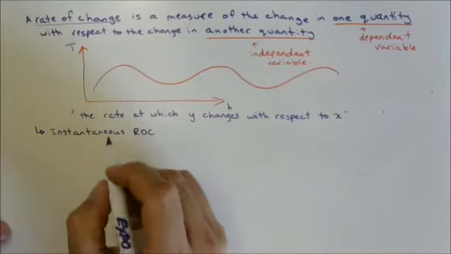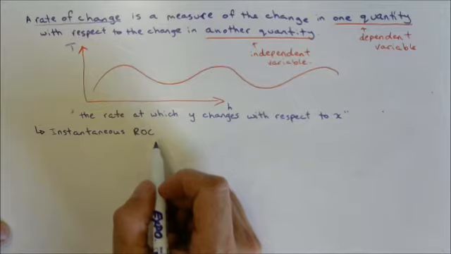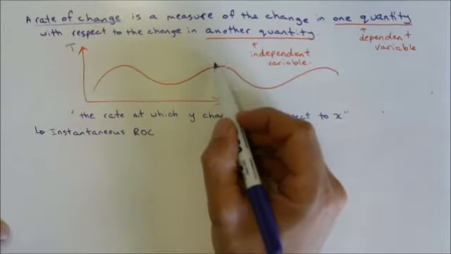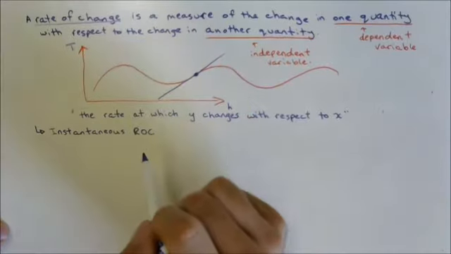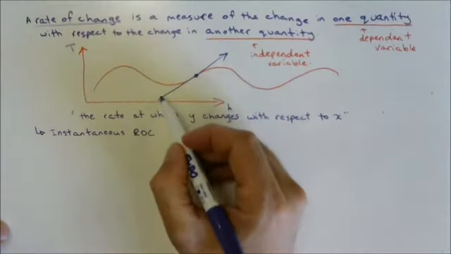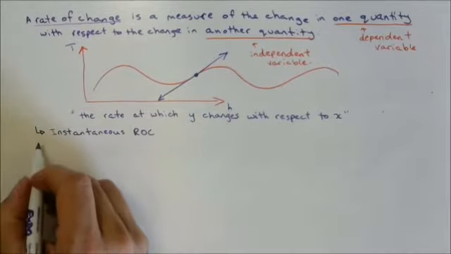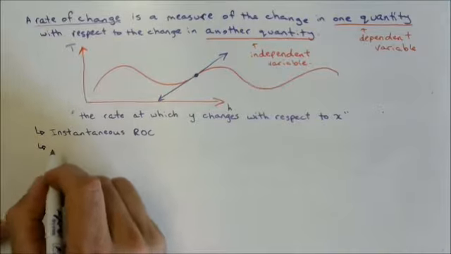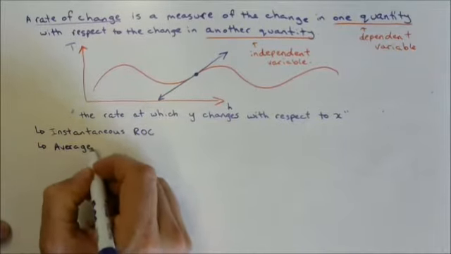Instantaneous rate of change is basically the rate of change at an exact spot. So that would be the slope of a tangent line. We don't have the math necessary to figure that out. What we're going to talk more specifically about is average rate of change.